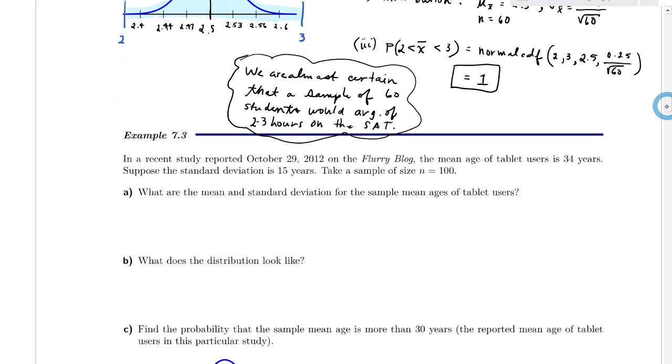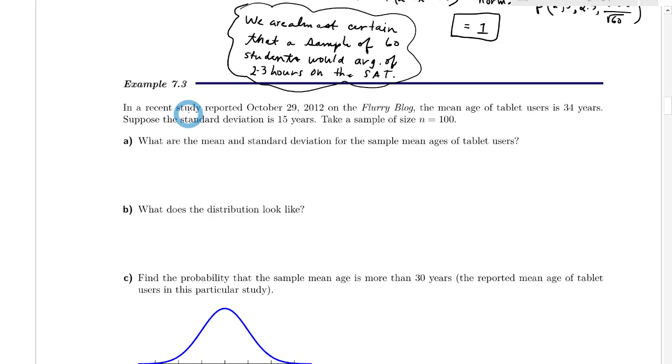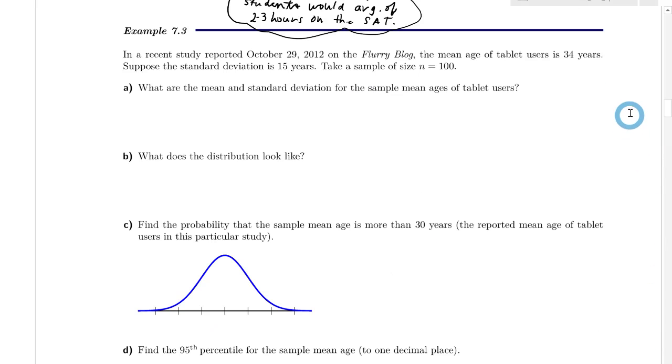Okay, going to the last example. In a recent study reported October 29th, 2012, the average age of tablet users is 34 years old. Suppose the standard deviation is 15 years. Take a sample of n equal 100. The first thing we want to ask is what are the mean and standard deviation for the sample mean ages of users?